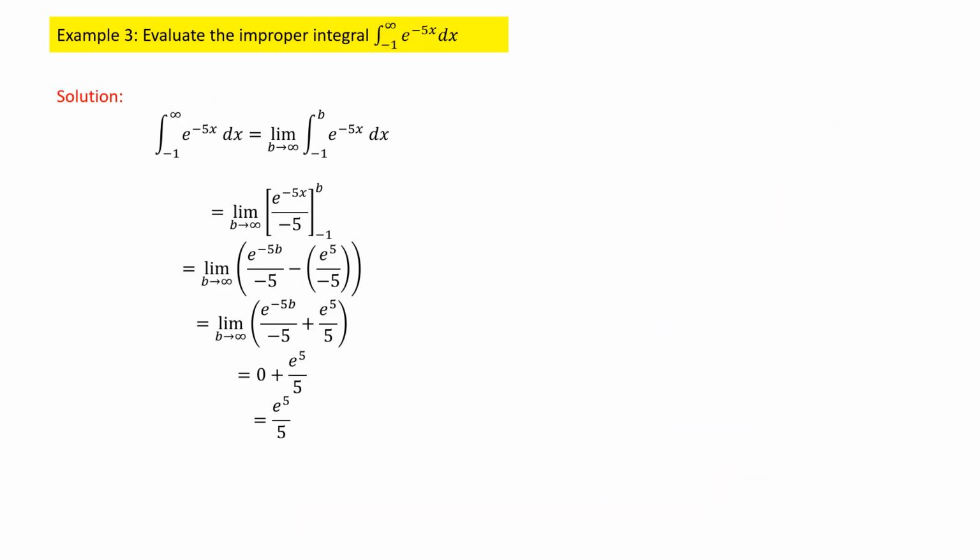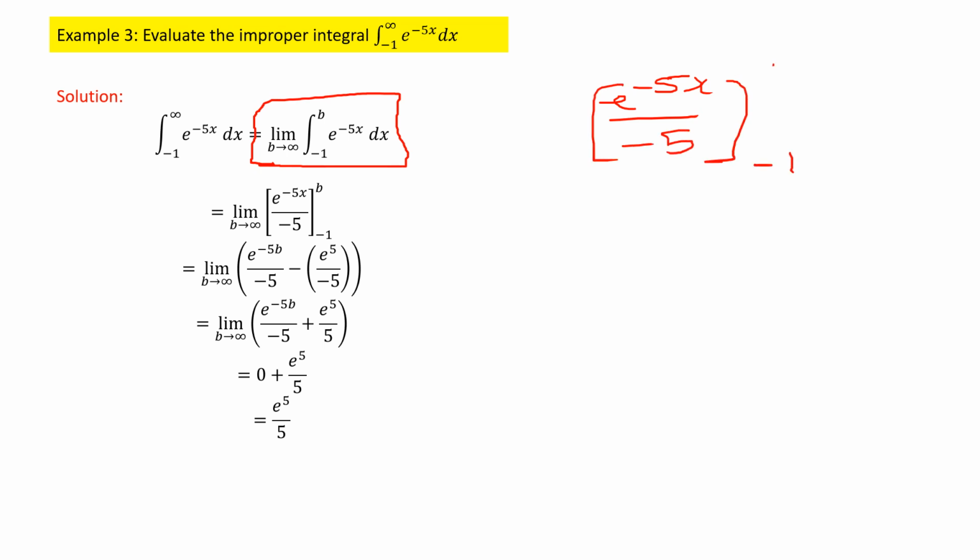Question number 3. Integral minus 1 to infinity, e to the power minus 5x dx. So step number 1. Let me rewrite the problem as limit b approaches infinity, integral minus 1 to b, e to the power minus 5x dx. Then we know that the integration of e to the power minus 5x will be e to the power minus 5x by minus 5, between minus 1 and b.